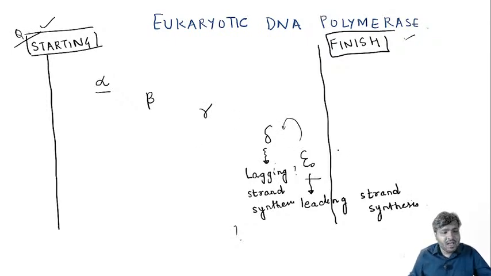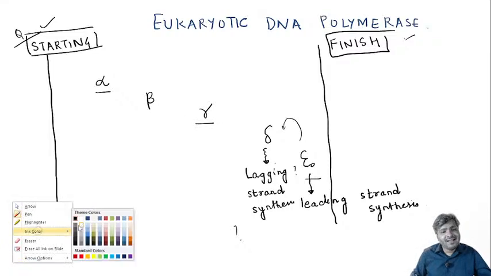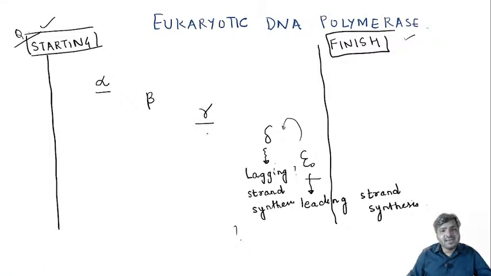Apart from that, guys, remember that gamma is basically situated in the middle. You can see that 2 are above, 2 are down. Gamma is in the middle position. So DNA polymerase gamma is basically for mitochondrial DNA synthesis.